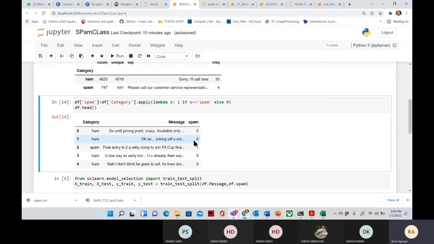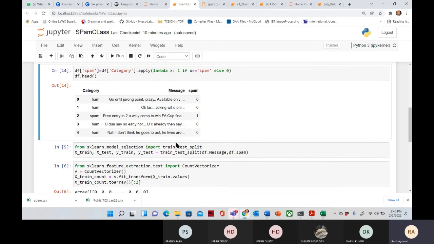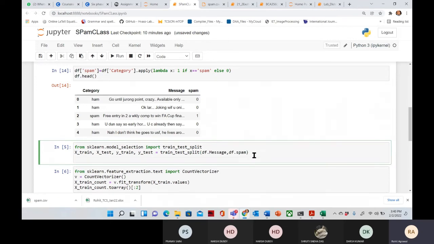By default, I think it is 80-20 or 60-40, I do not remember. By default, it will split into two parts: some data will become training data and some data will become testing data. So we will check the shape here as well.